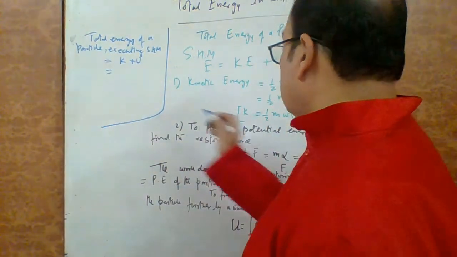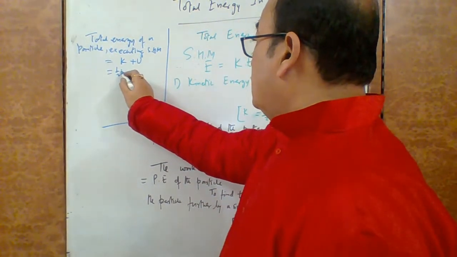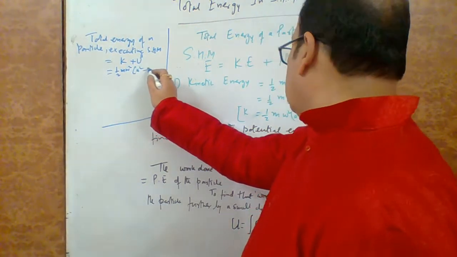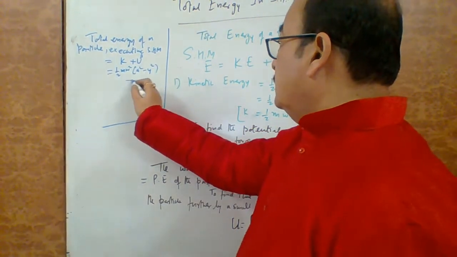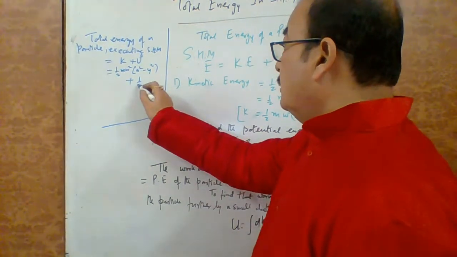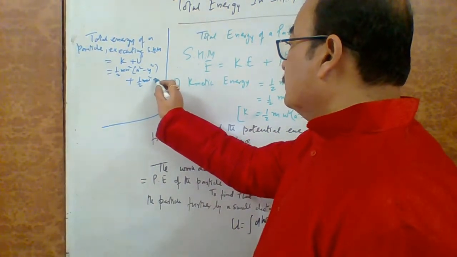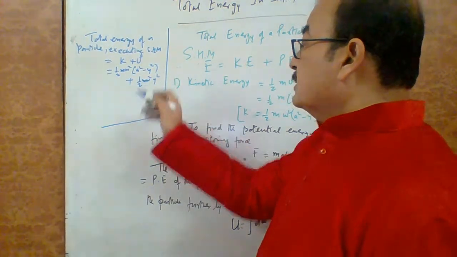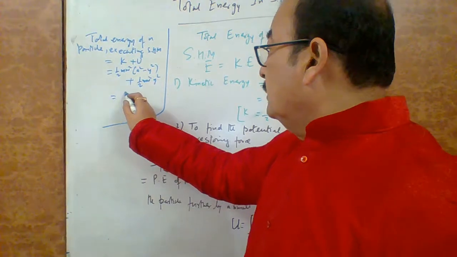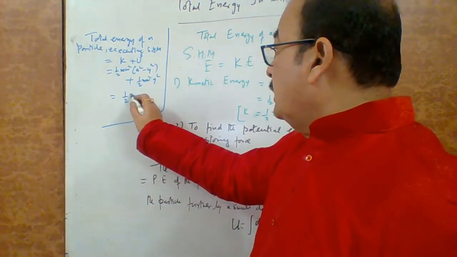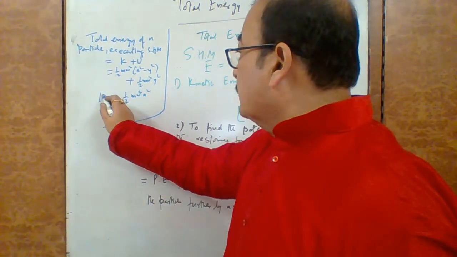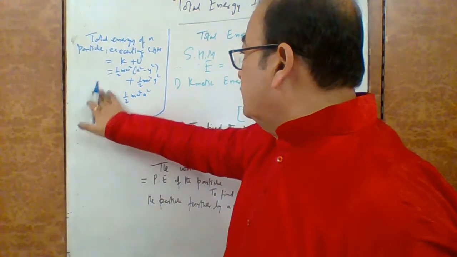Kinetic energy we can write half m omega square (a square minus y square) plus potential energy this much, half m omega square y square. You can see this y square cancels out, and ultimately we are having 1 upon 2 m omega square a square. This is your total energy E.